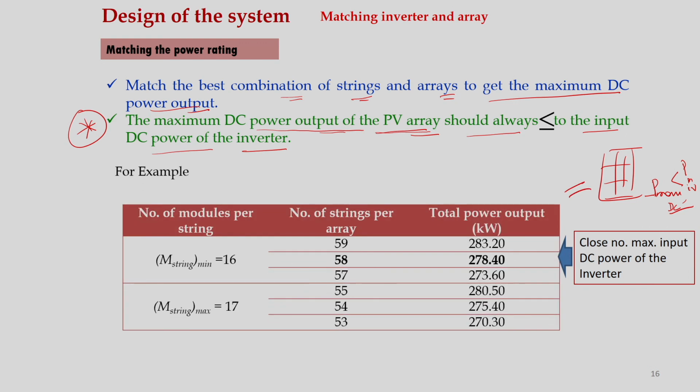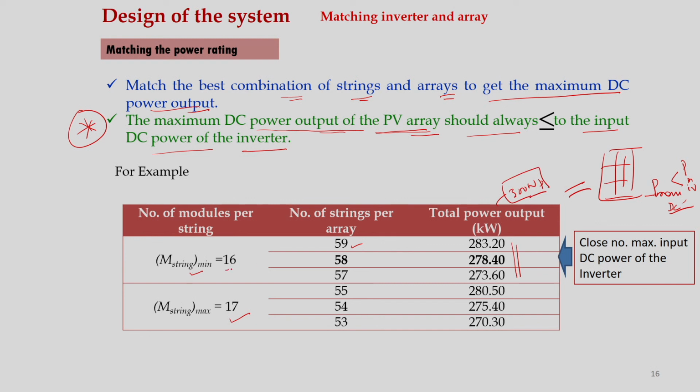Now, for example, if in a calculation we know the minimum number of strings, the maximum number of strings, and the number of arrays based on our calculations, maybe 59 we got. But this is fixed, because the rating, without derating of the module, say a 300 watt peak module we have considered.